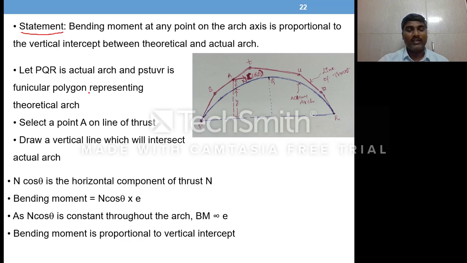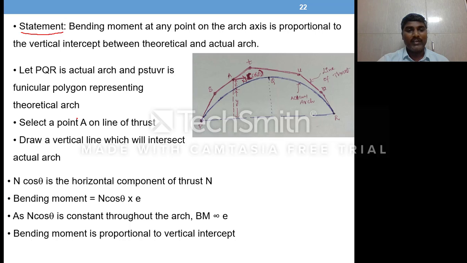Then select a point A on the line of thrust. The other name for this theoretical arch is line of thrust. Thrust, in the sense of compression, so line of compression or network of lines of compression. You can call it in many ways.